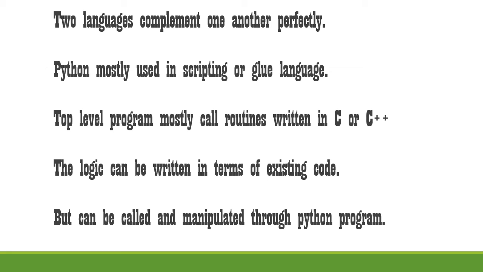We can use them anywhere. Python is mostly used as a scripting or glue language, where the top level mostly calls routines written in C or C++. The logic can be written in terms of existing code, but we can call or manipulate it through Python programs. So Python and C++ complement one another perfectly.